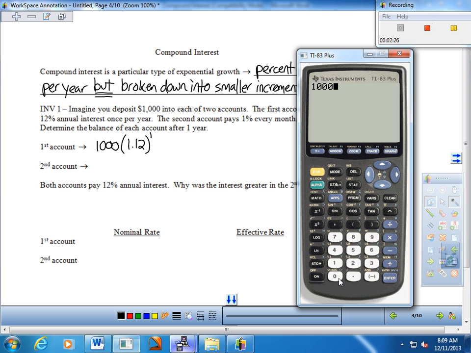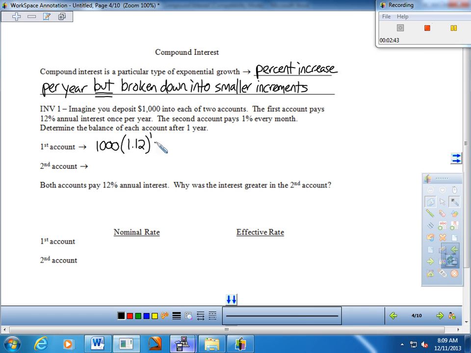So I've got my $1,000 right here times 1.12 raised to the first. And when I do that, it looks like we get a balance of $1,120. So let's go ahead and write that in right here if we would. And that looks great. First account, not too bad. Increased by 12% over the course of the year. What that would mean is the ending balance would be $1,120.